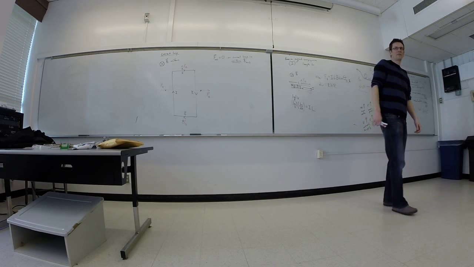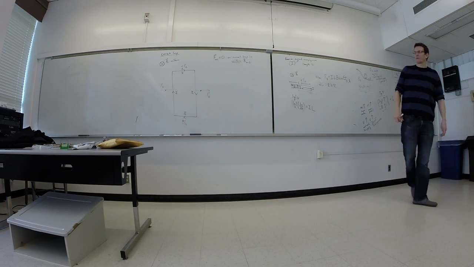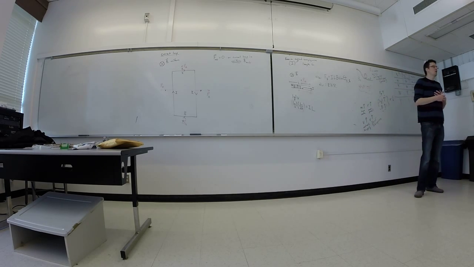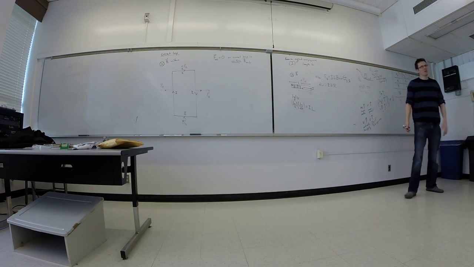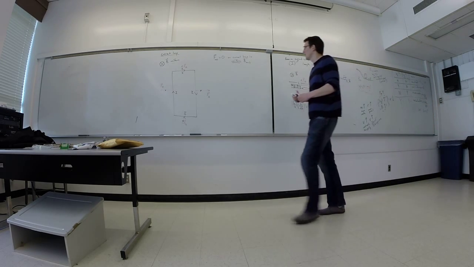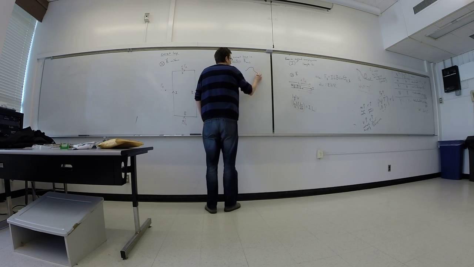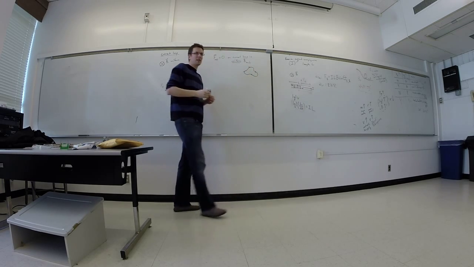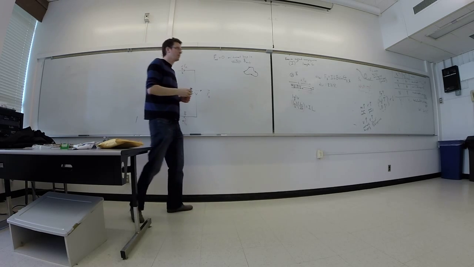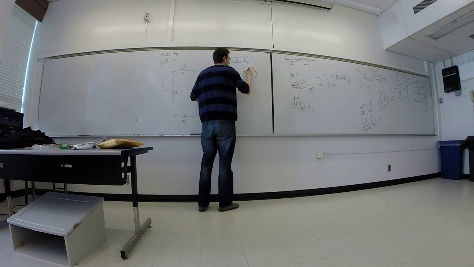Now, I know that I've proven this to you only for a rectangle. This loop can be shaped however you want, and the result is general. Here's why. If you had some crazy current loop that looked like this, any crazy loop like that could essentially be grouped into basically a bunch of different rectangles.